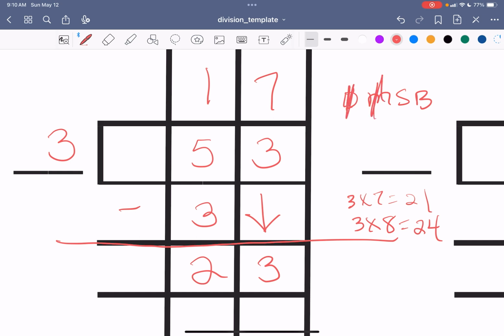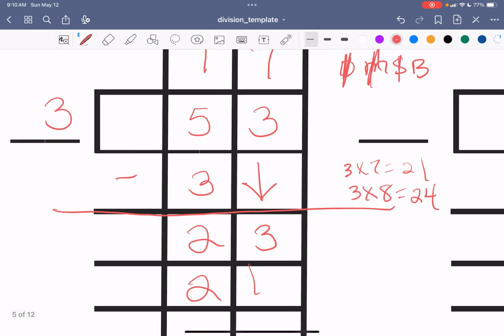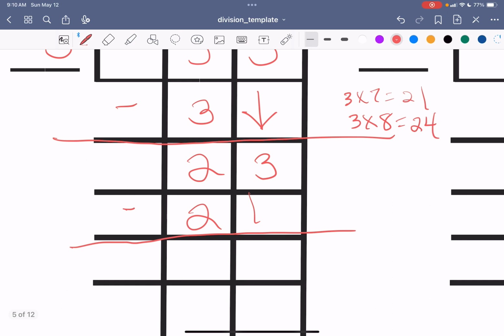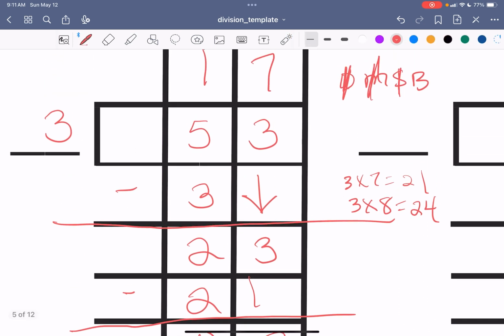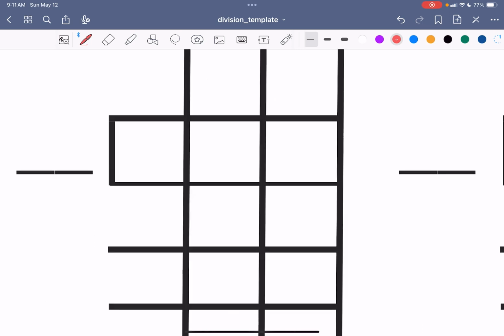Now I need to multiply. 7 times 3 is 21. Now I need to subtract. 3 minus 1 is 2. And 2 minus 2 is 0. So we have a remainder of 2. Our final answer is 17 remainder 2.